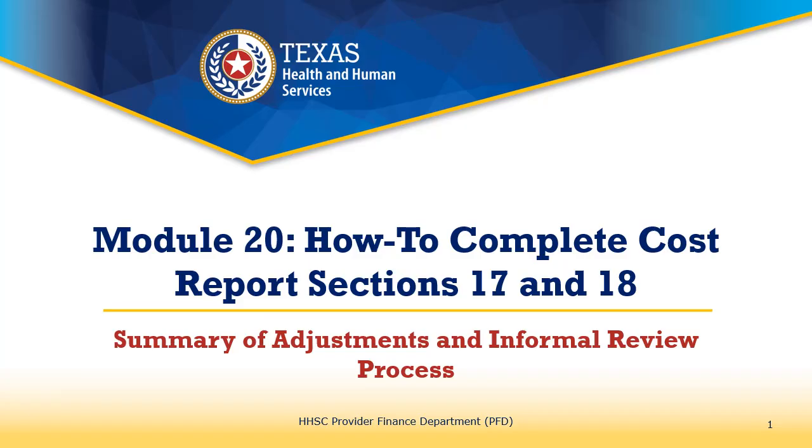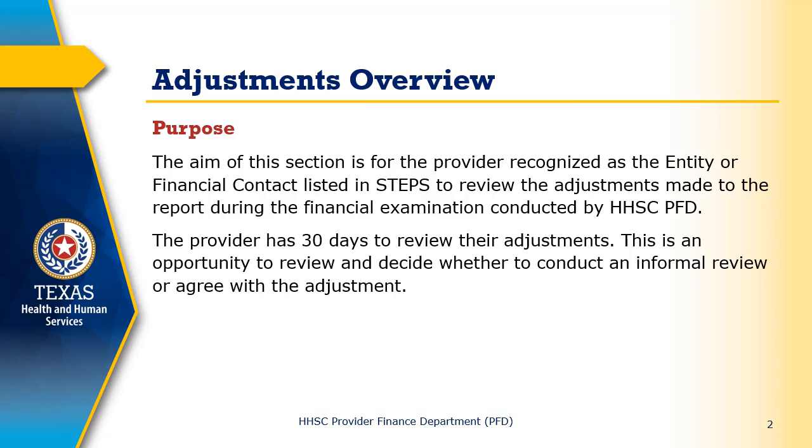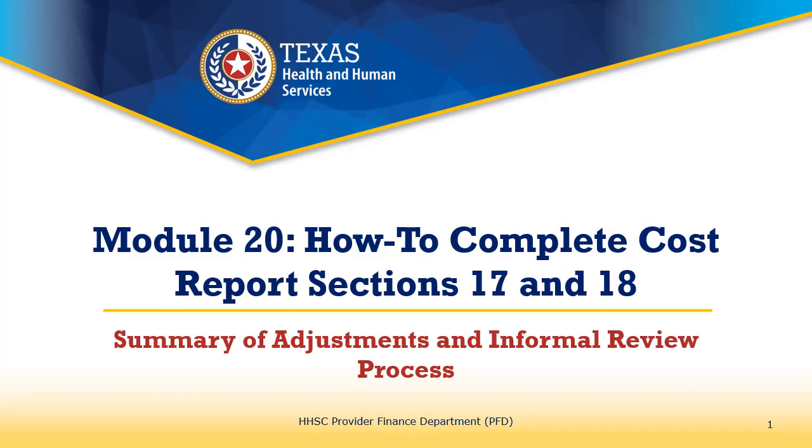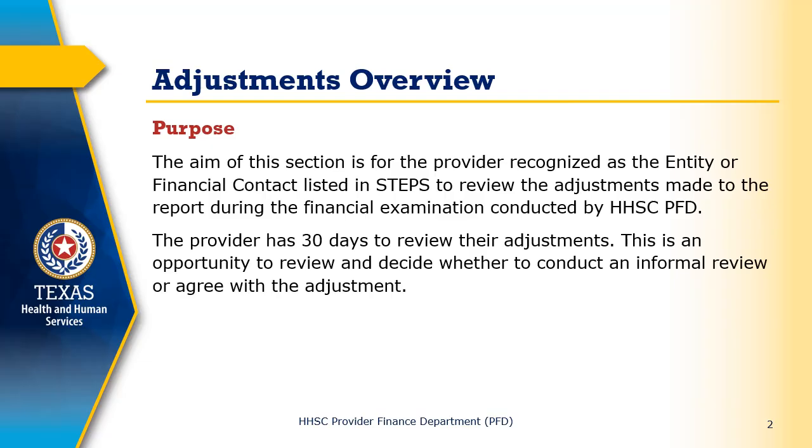In Module 20, How to Complete Cost Report Sections 17 and 18, we will cover the summary of adjustments and informal review process. The purpose of this section is for the designated provider, referred to as the entity or financial contact in STEPS, to examine the adjustments made during the financial examination by HHS CPFD.